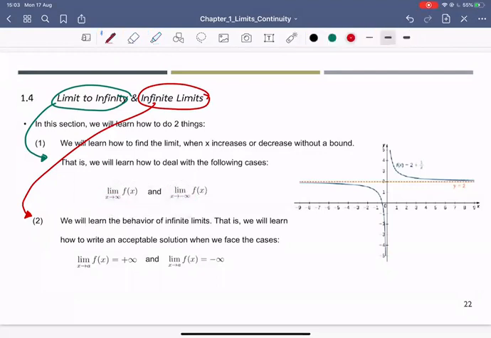After that, we're going to learn infinite limits, which is the case where we have plus or minus infinity as our answer. All right, so we're going to spend maybe our first 40 to 45 minutes on limit to infinity.